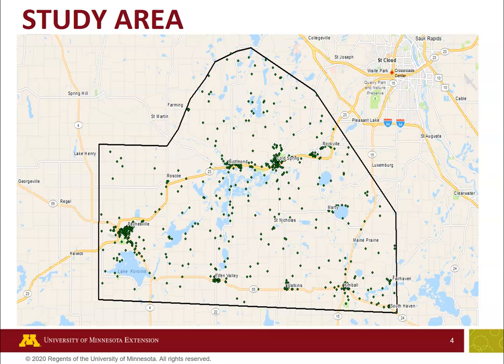And this gave us this dark outline where we said, it seems like people probably wouldn't come past Rockville when they could get so close to St. Cloud. And after Paynesville to the east on Highway 23, people probably would just go to Willmar if they wanted to do some shopping.